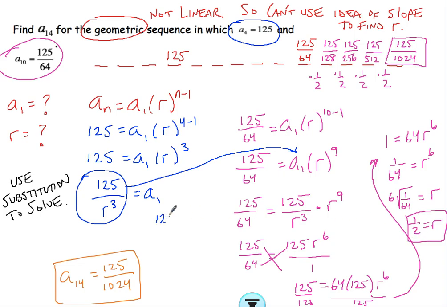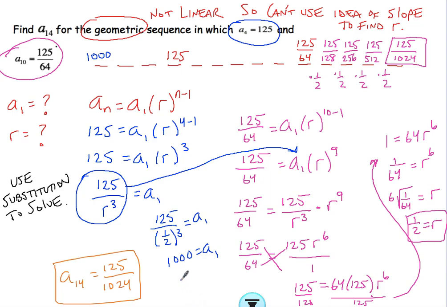So I could just in my calculator do 125 divided by 1/2 to the third, and that will give me my a sub 1. Typing that in my calculator, we get 1,000. So my first term is 1,000.